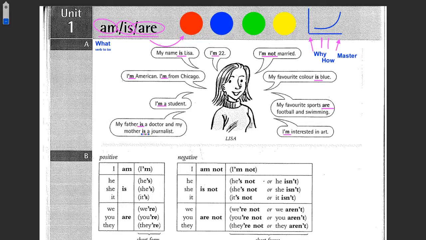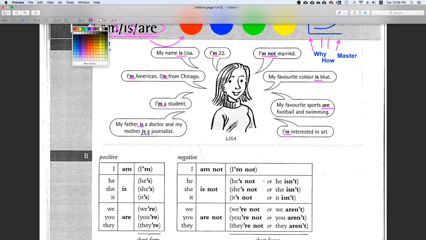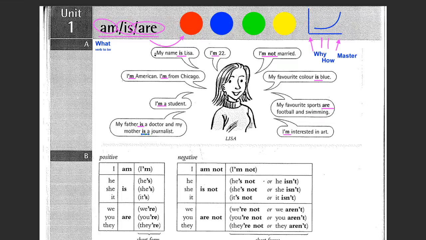But what makes the difference? Then we have to focus on the other part of the sentence, the subject. And we'll talk about this a little bit more.